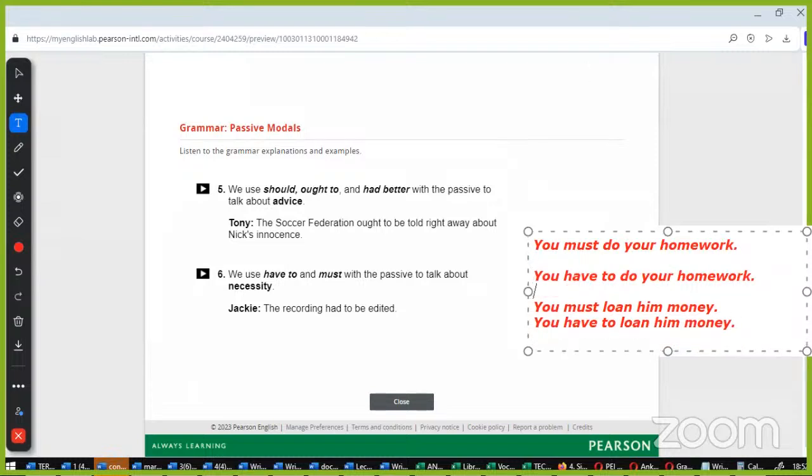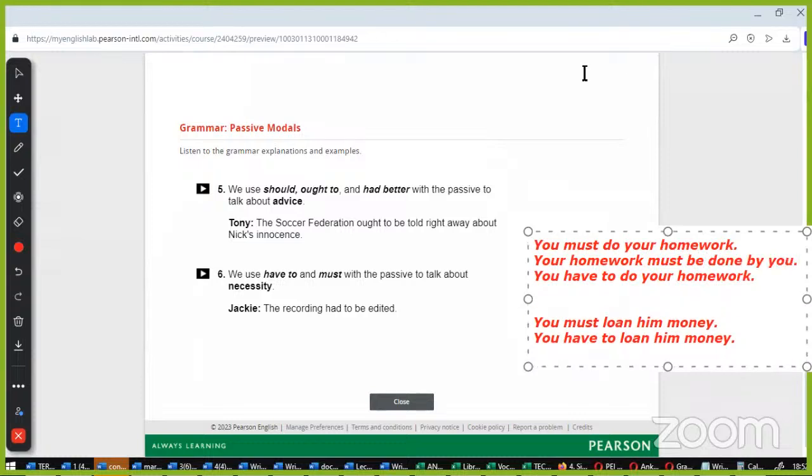How would you do the passive for the first one? You must do your homework. Your homework must be done by you. The second one, you have to do your homework. Your homework has to be done by you.